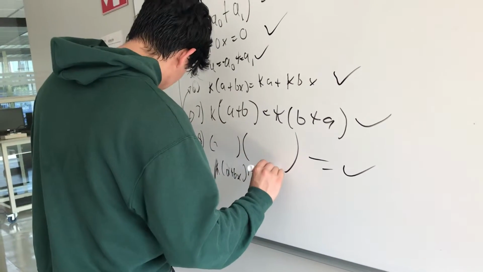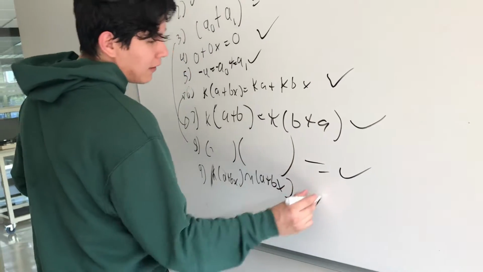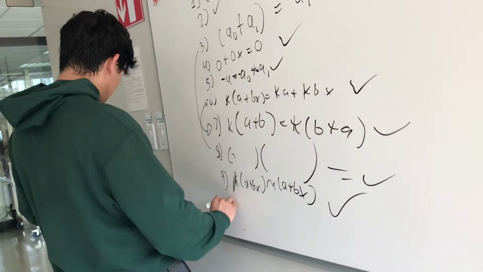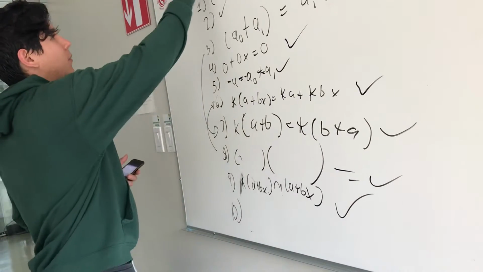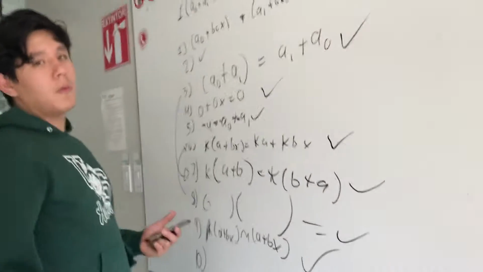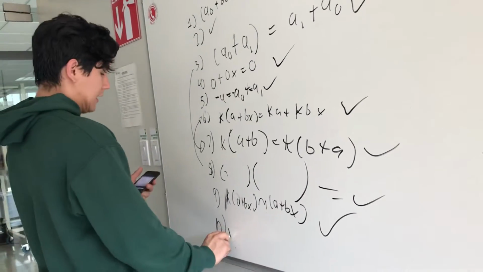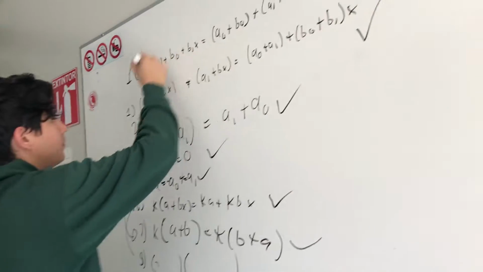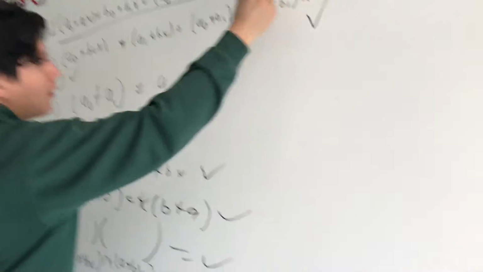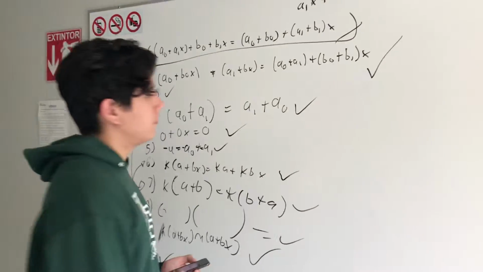So in this case, it's accepted as well. We go to the 10th, the last one, and it says if we multiply this by 1, it has to be the same. So in this case, it's the same. So this equation is accepted in our axioms, so it's true.